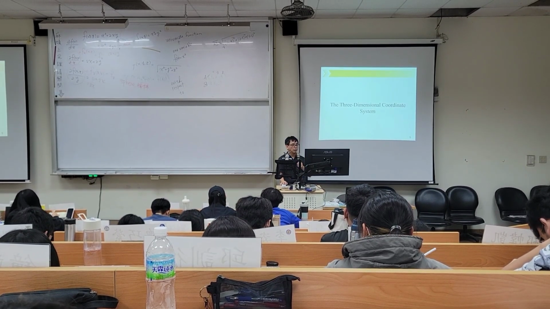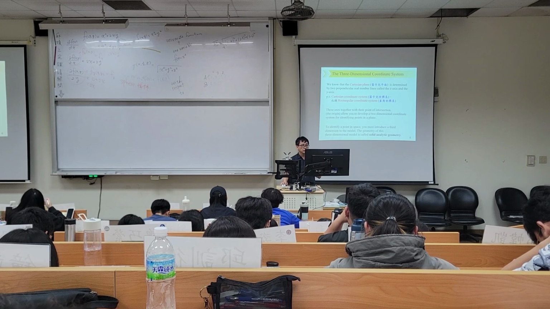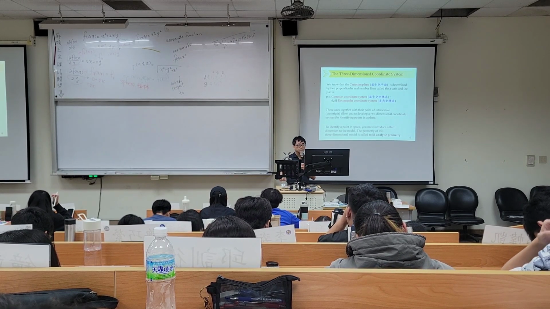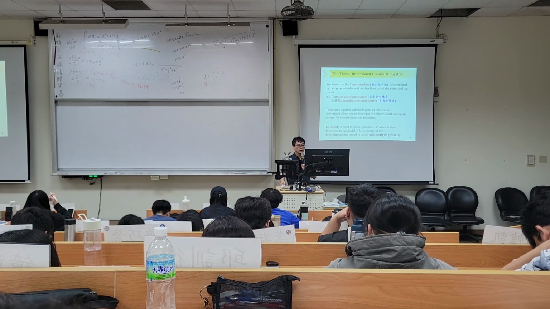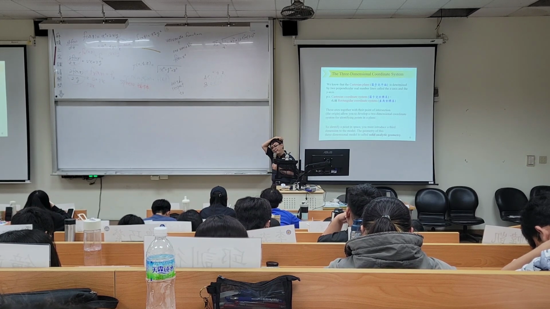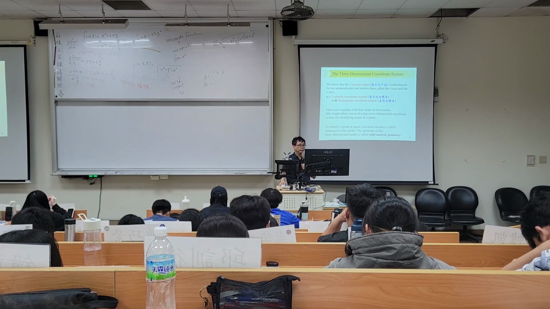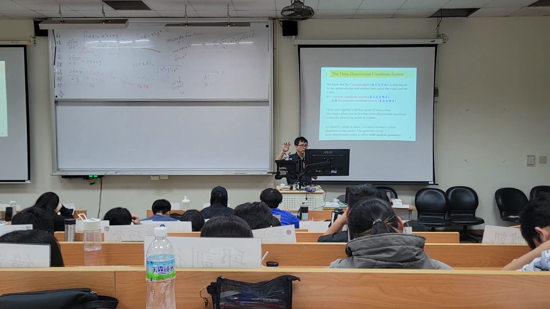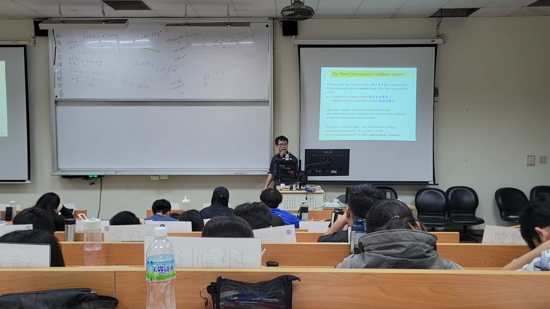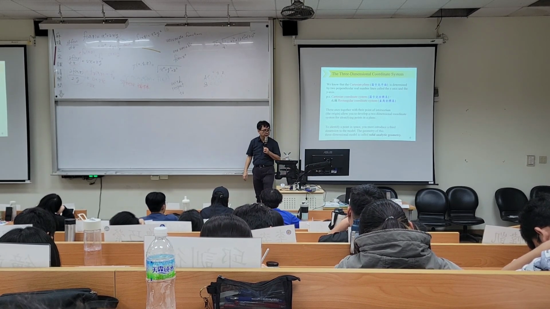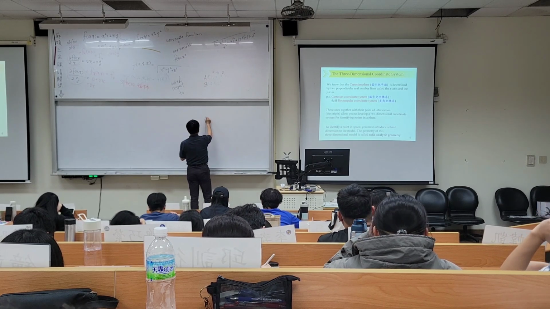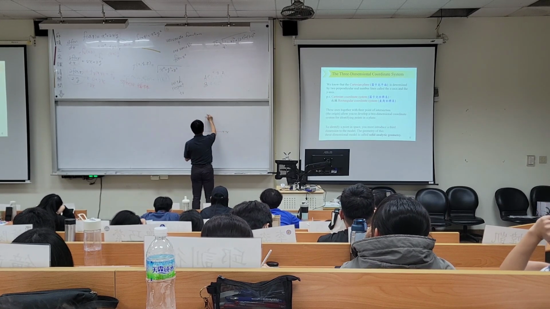In the three-dimensional coordinate system, this is known as the Cartesian plane. Cartesian, I think it's French, named after a French mathematician, Descartes. It's determined by two perpendicular number lines, which means the xy coordinate plane.